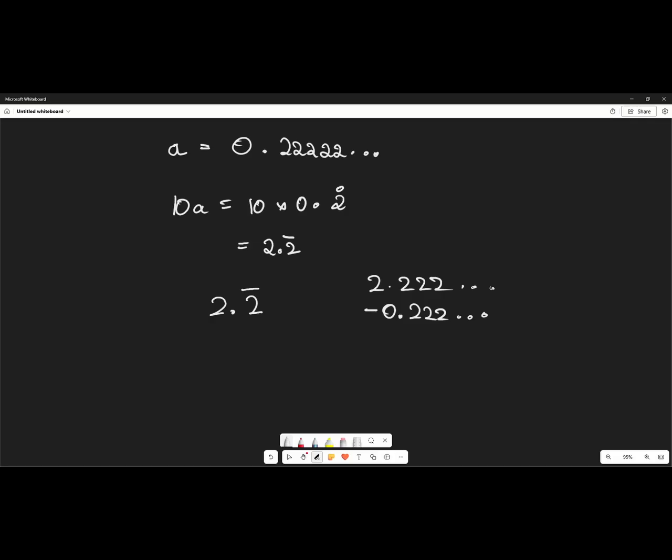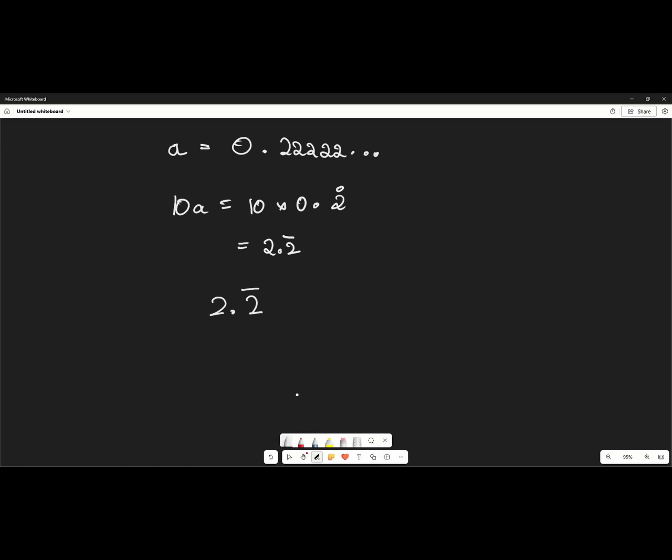Now, if we subtract, this will always be 0.222222 infinitely, and this will also be 0.22222 infinitely. So when you subtract them, this will be 0.0, and 2 minus 0 is 2. So using that logic, we are going to apply it here.